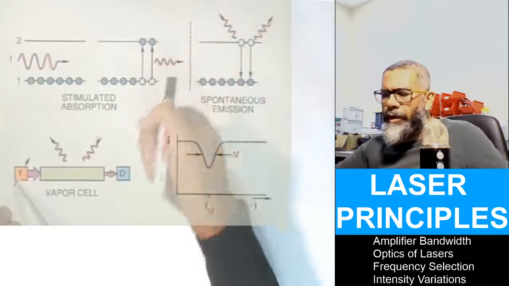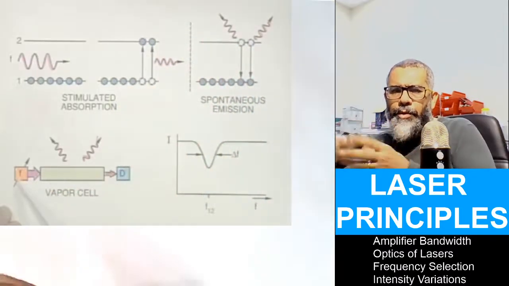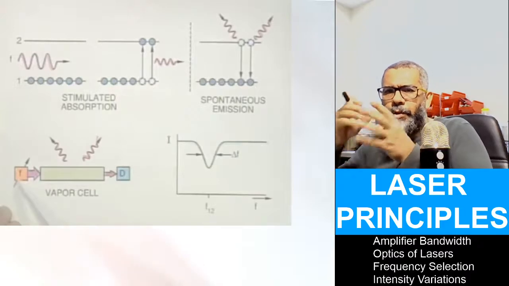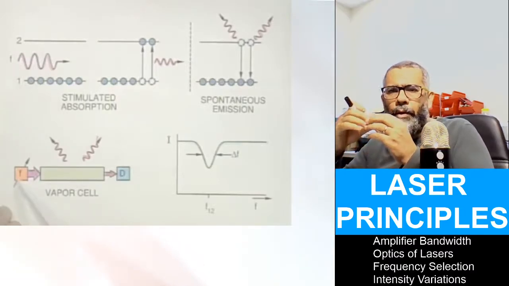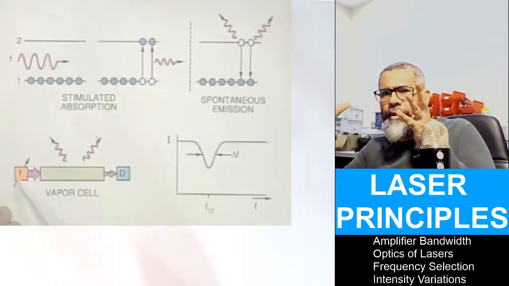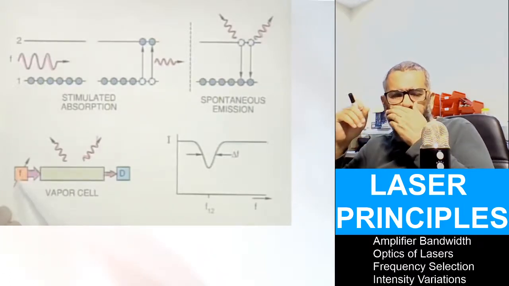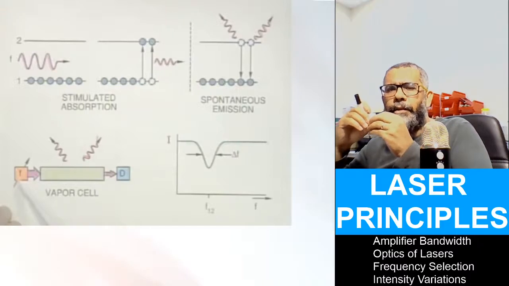On average, if there is continuous spontaneous emission, the atom is giving off light in every direction, looking like a spherical light source.